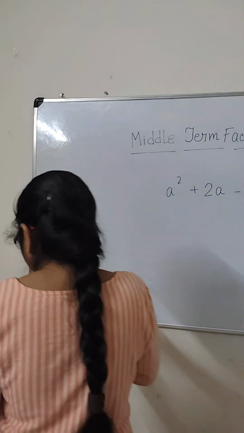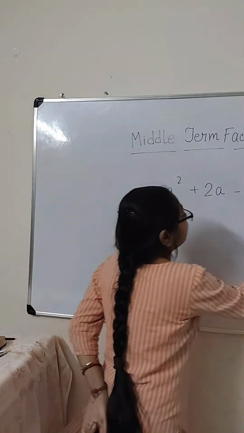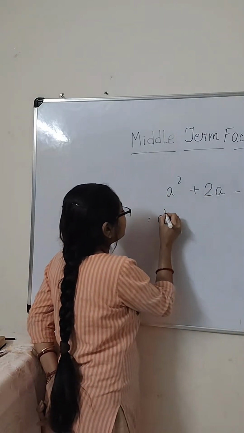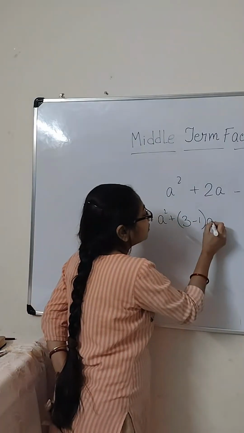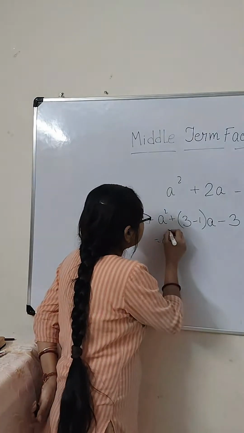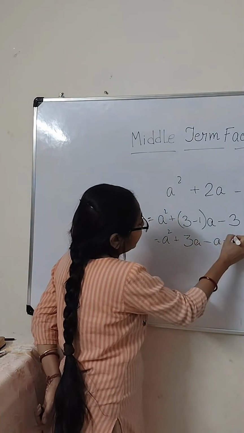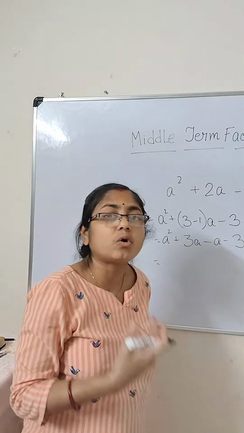Now complete the maths. Now what do we do with this one? First I break the 3. 3, 1. A square. 3 minus 1. This 3. Remove the bracket. A square plus 3a minus a minus 3. Why do I practice the same type of maths more?